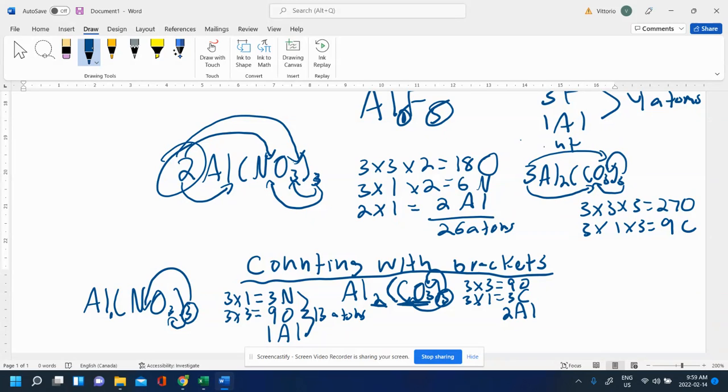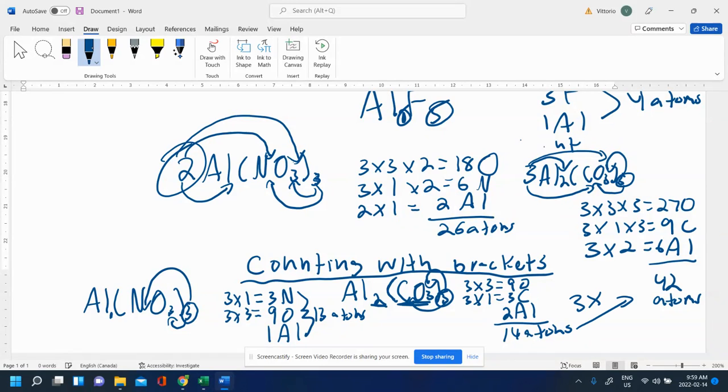And then for aluminum, it's not in the bracket, so we're not going to multiply it by the 3 here, but we're still going to multiply it by the big 3 in the front, because that multiplies everything, right? So 3 times 2 is 6 aluminums, and that gives us our total of 27 plus 9, 36, 42 atoms. Here we had 14 atoms. And that makes sense because we have 3 times more, right? This is 3 times more than the 14 atoms we had before.